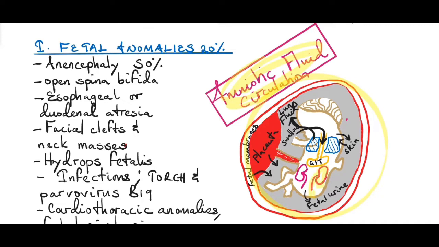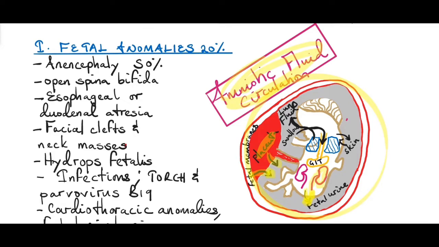So some of the amniotic fluid comes through the fetal urine. Actually, the majority of the amniotic fluid comes from fetal urine. The second way is from the placenta. The third way is through the fetal membranes. That is how amniotic fluid is produced.